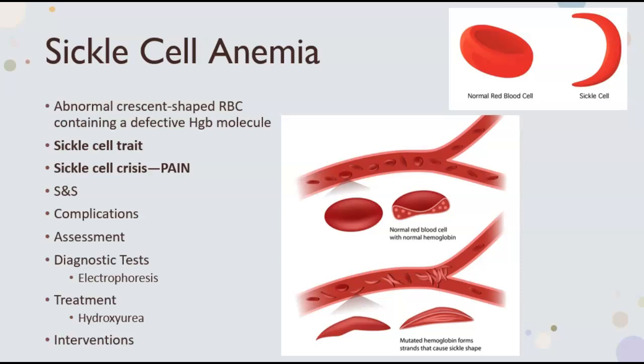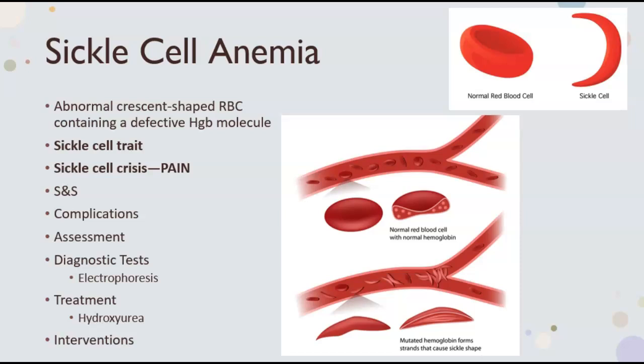And then also, kind of a last resort is going to be your hematopoietic stem cell transplantation. The big thing with your sickle cell patients is when they are having a sickle cell crisis, they are in severe pain. So NSAIDs might not work. You might have to up it to some opioids.